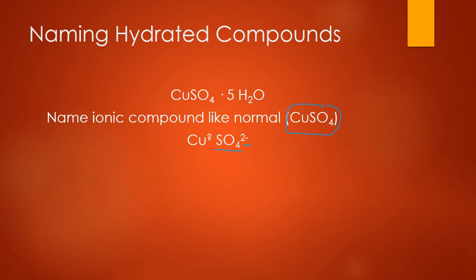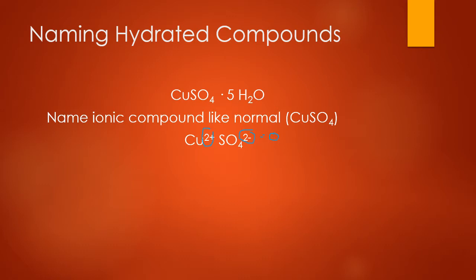So if I have a -2 charge on the anion side, I'm going to need a +2 charge on the cation. I'm looking at the copper 2+ ion, because the 2+ will cancel out the 2- and equal 0, making the compound as a whole neutral.